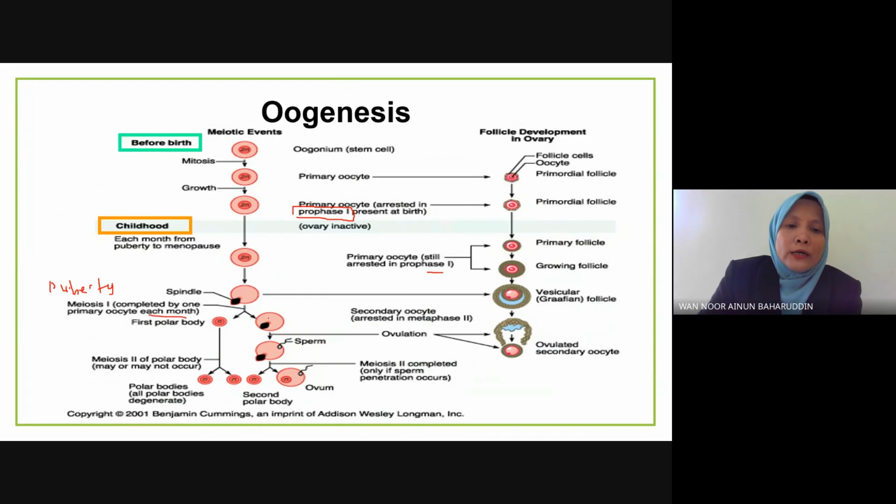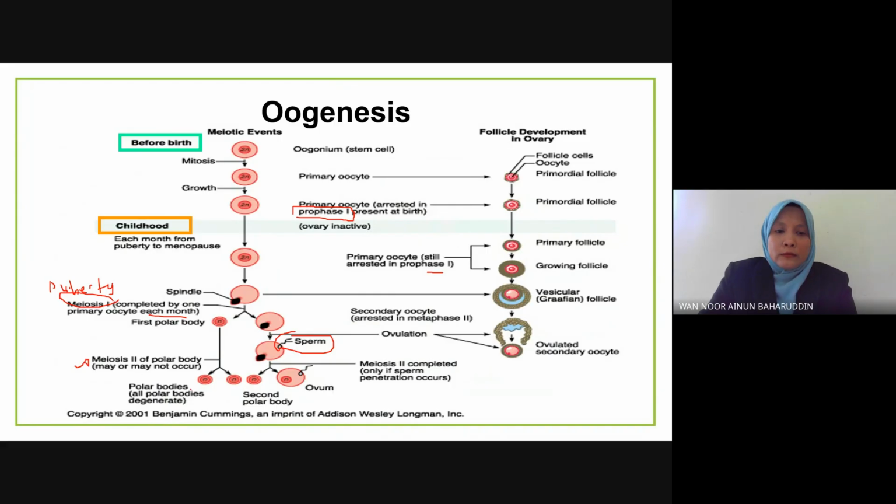So they are having meiosis 1, and if they get married and there is fertilization by the sperm, the process of meiosis 1 will continue into meiosis 2.